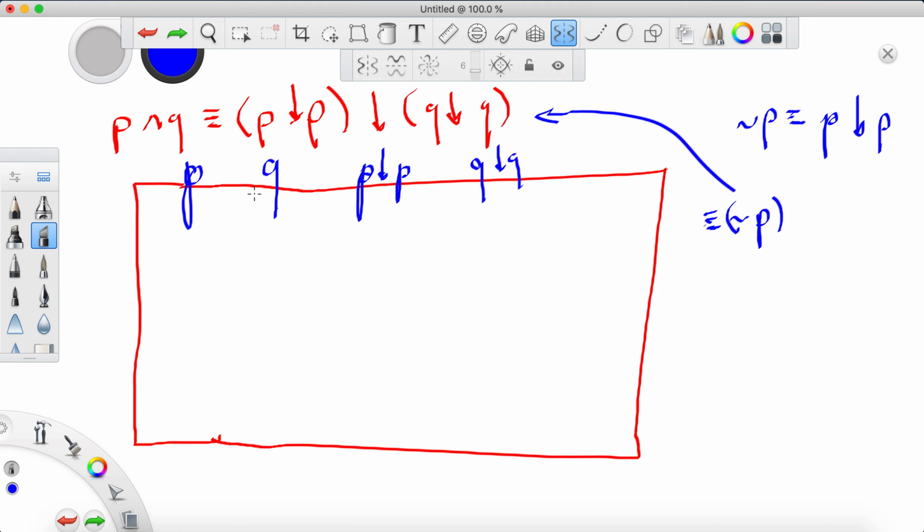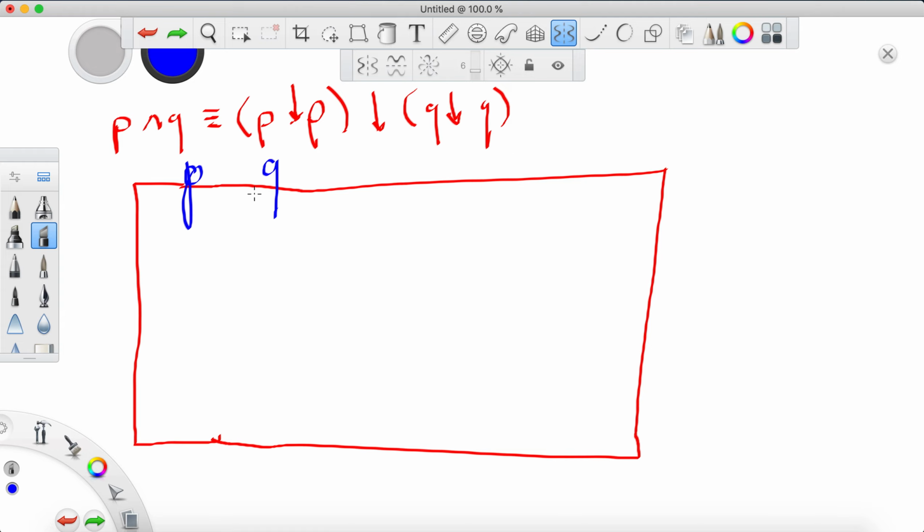And I don't know how to erase, unfortunately. So we're just going to do not P, not Q, and then for our final part, I'm going to write that in another color because it's getting kind of all bunched up. I'm going to put the final expression in its full form, like this.